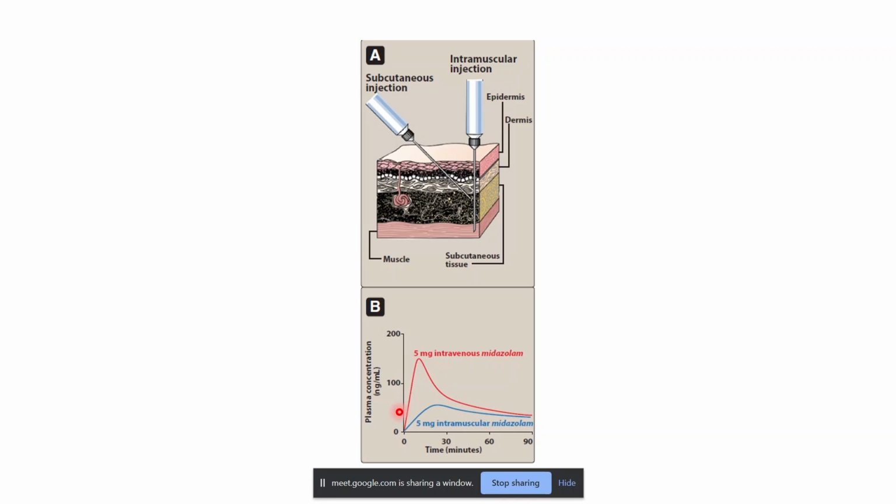This is not very good because this maximal concentration is higher than the recommended therapeutic concentration. That is why intramuscular injection is safer and is recommended when rapid onset of action is not required.